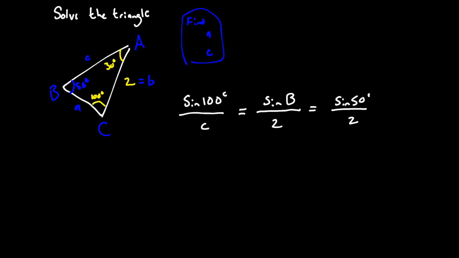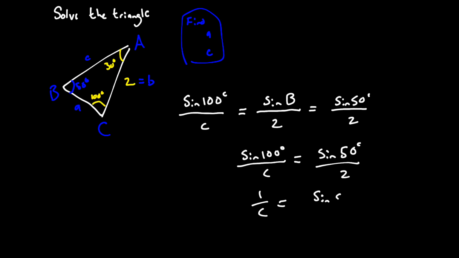And so we have a formula where we just need to solve for c now. Since sine of 100 degrees divided by c is equal to sine of 50 degrees divided by 2, dividing both sides by sine of 100 degrees, we get 1 divided by c is equal to sine of 50 degrees divided by sine of 100 times 2.